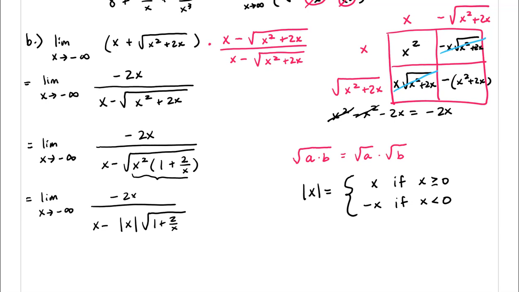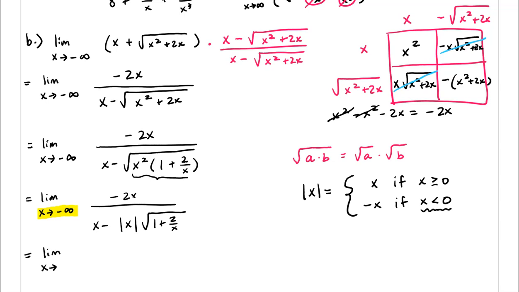Now, because we are taking the limit as x approaches negative infinity, that means that all the x values that we are examining are less than 0, which means that I can replace the absolute value of x with negative x.